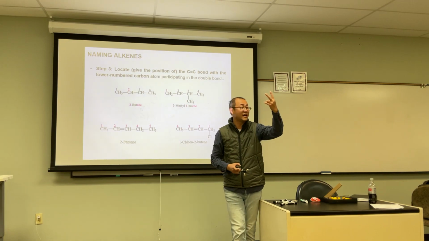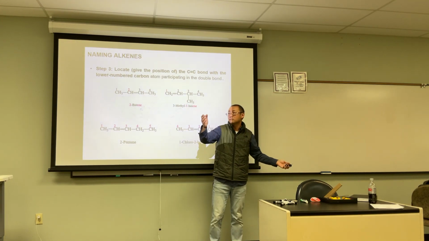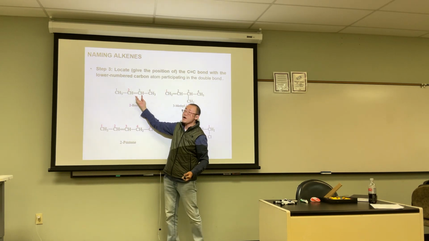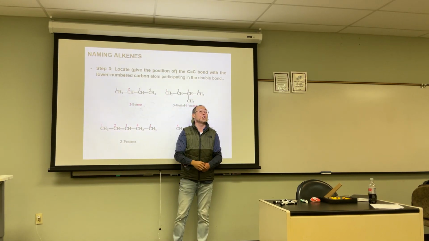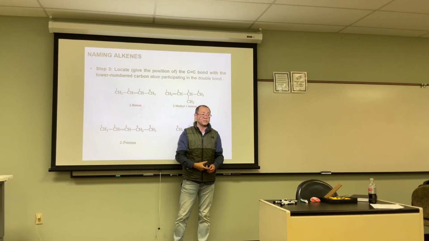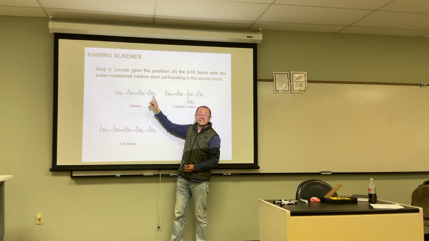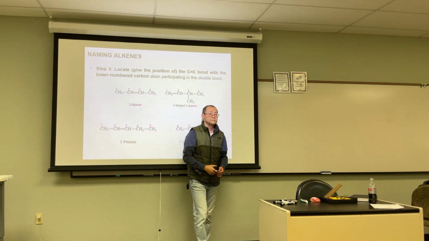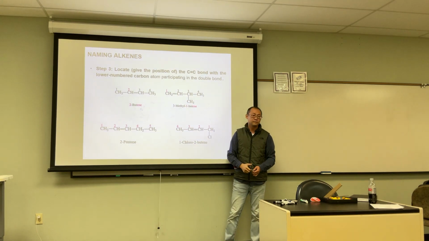So these 2 carbons get how many numbers? 2 numbers. 2 and 3, 3 and 4, 5 and 6, doesn't matter. Then you use the lower number. For example, here 2 and 3. Lower number is what? 2. Then you use that 2 to locate the double bond. 2-butene means what? The double bond is between what? 2 and 3.